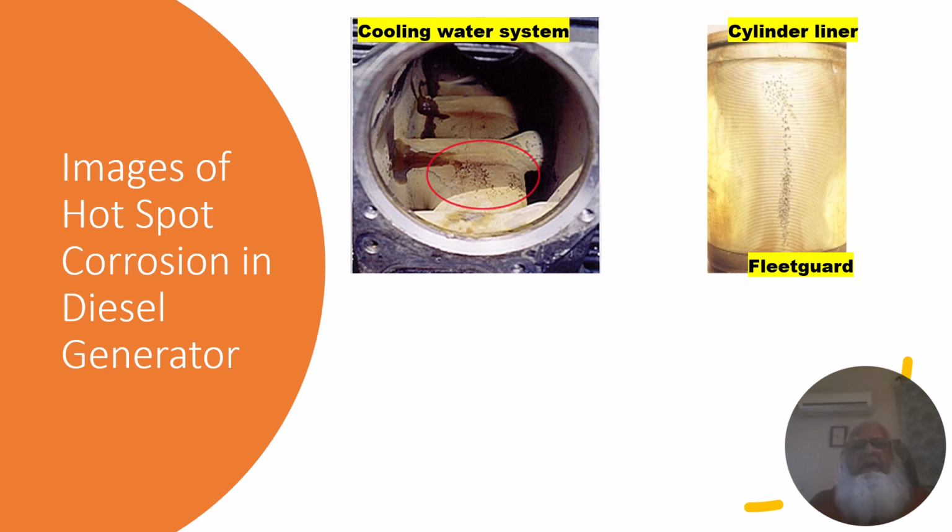This is the last slide of this series of presentations on what is corrosion. In future I will be uploading more presentations on corrosion in different industries. Left is the rocket industry, which I could not cover because of reasons.